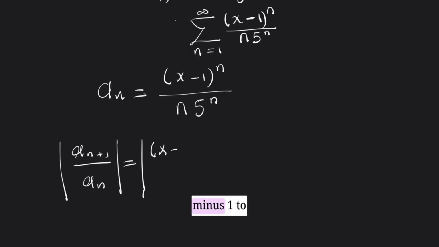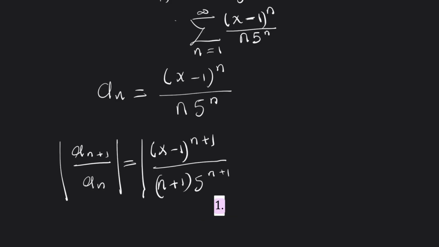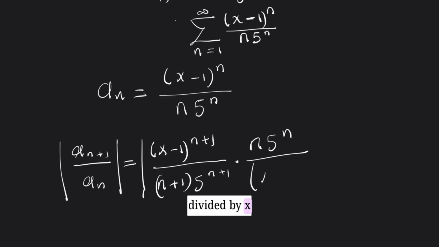So this is (x minus 1) to the power n plus 1, divided by n plus 1 times 5 to the power n plus 1. Then, because we are dividing, we multiply by the reciprocal. So we have n times 5 to the power n, divided by (x minus 1) to the power n.